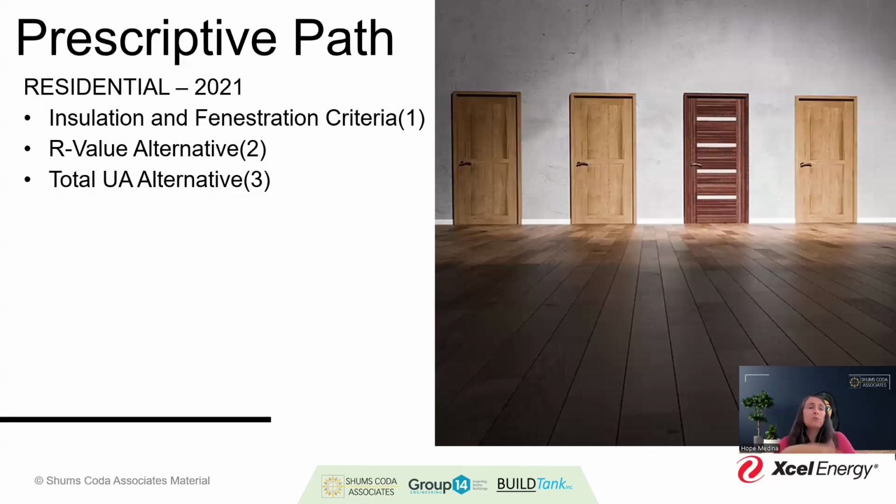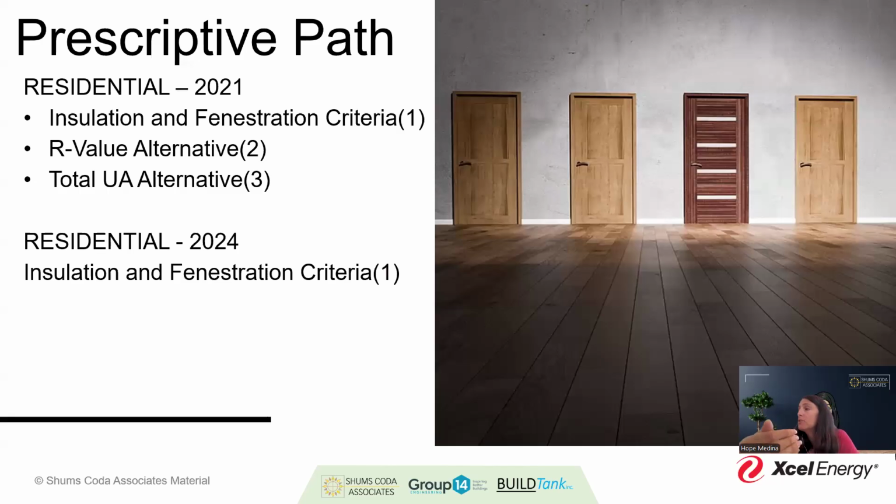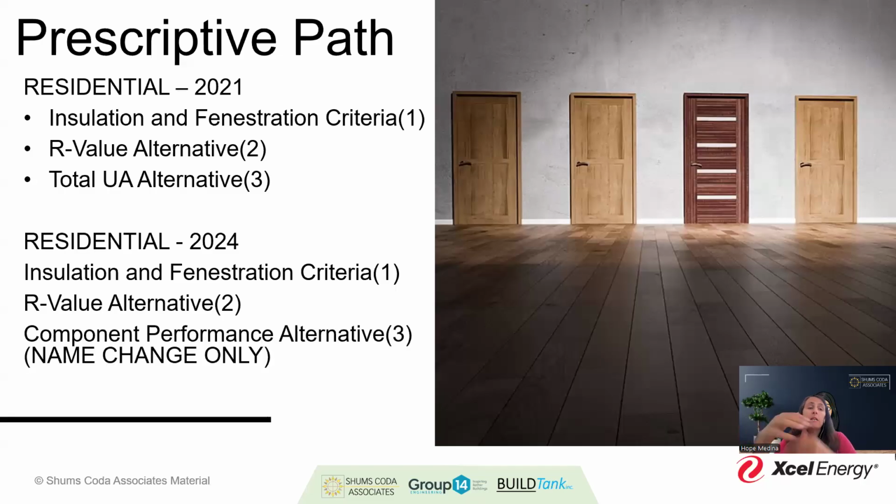Now, what you see on the screen here is for if you were going with the 2021. If we look at what this prescriptive path is for the 2024, you'll notice there are some slight changes. Now our insulation and fenestration criteria is still the same, still using that U factor, but it's now including U factor and F factor for it. It also has the second one, which is that R value alternative. And then the third option is no longer that total UA alternative.